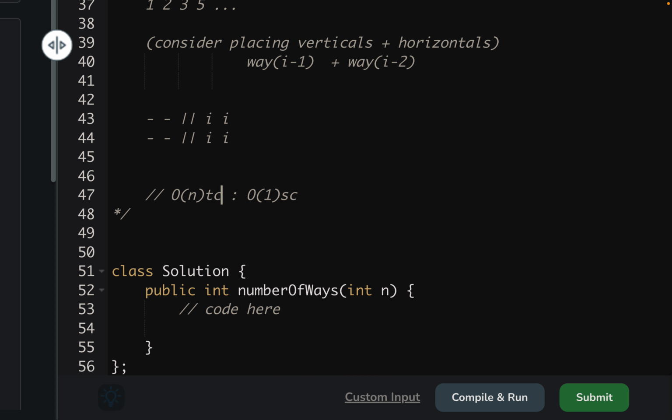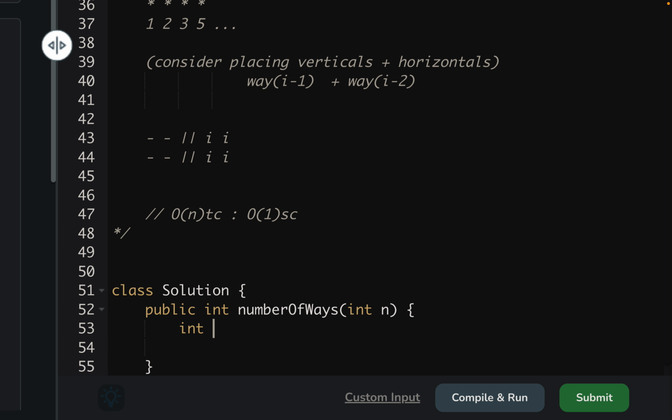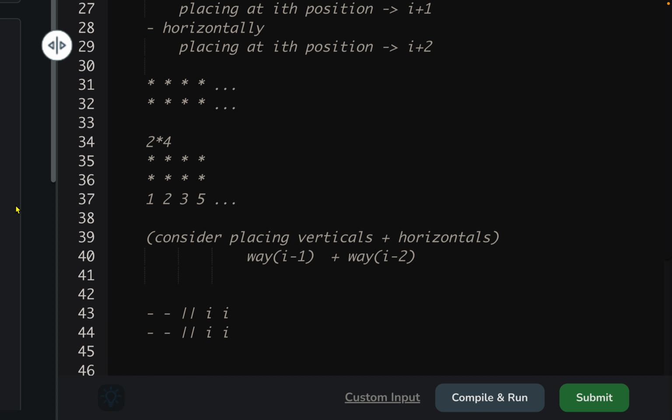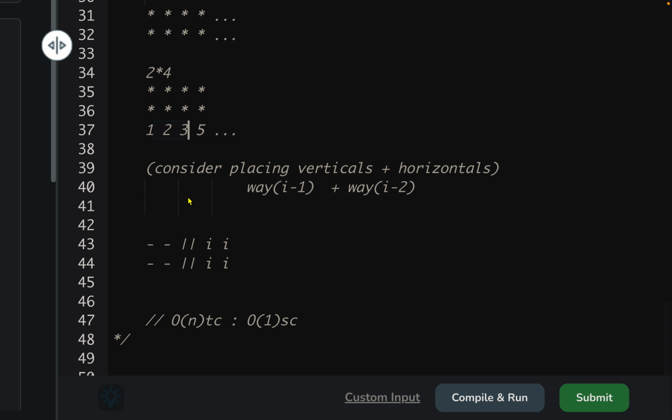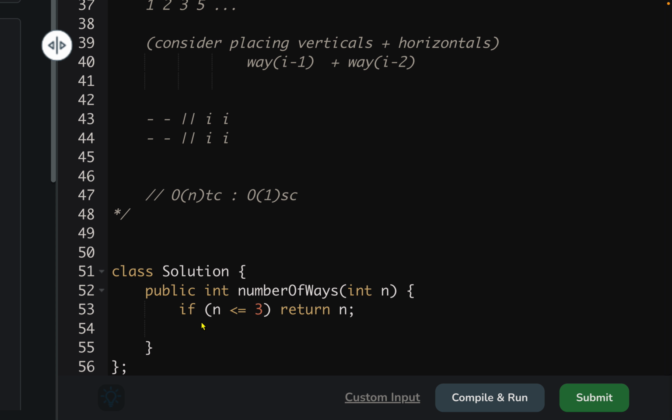So with that in mind, let's go ahead and quickly do it, first of all a basic check. If n is less than or equal to 3, return n, because basically it's returning that only.